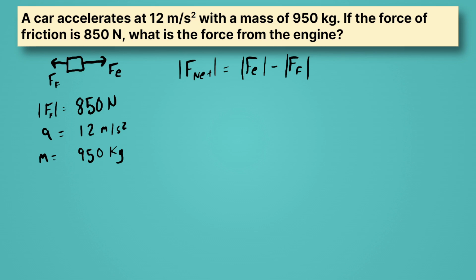Well, I don't know the net force, but I do know the mass and acceleration, and remember that Newton's second law tells me that force is equal to mass times acceleration. So I'm going to go ahead and use that to replace my net force with mass times acceleration. And that's equal to still my force of my engine minus my force of friction.